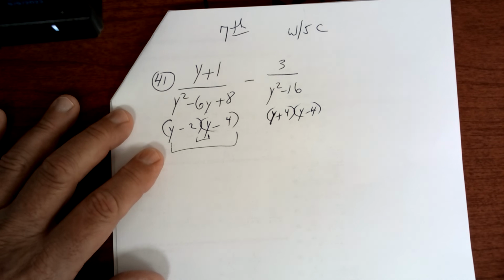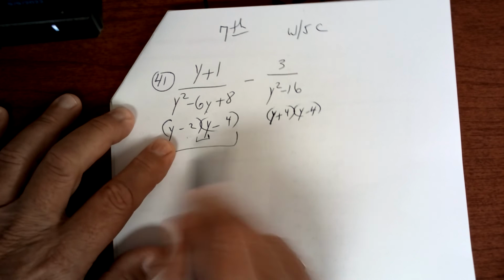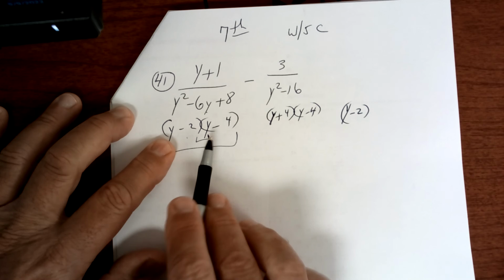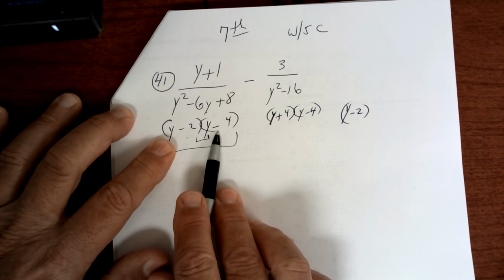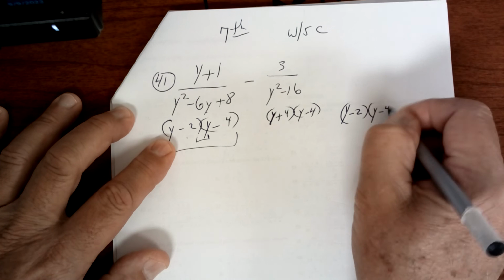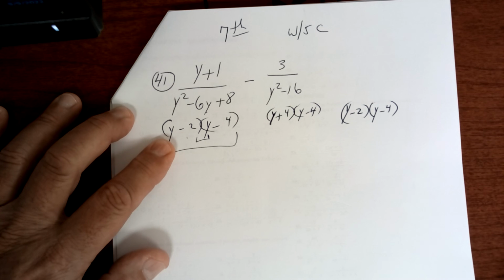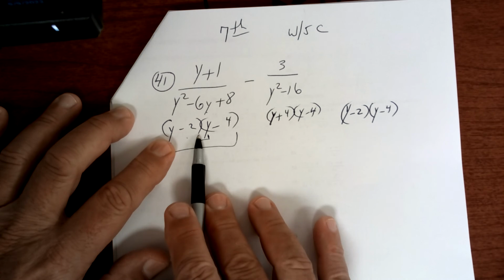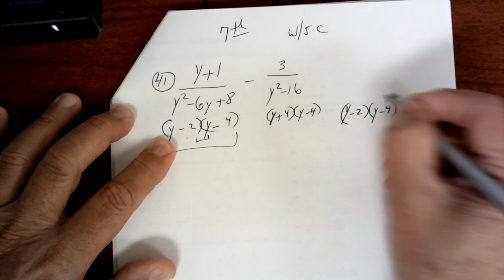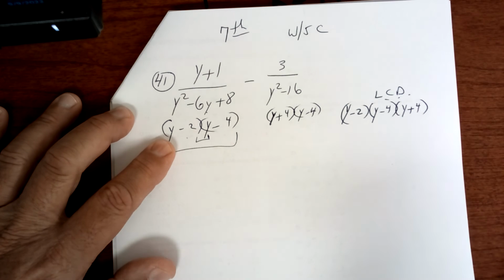So we have one of these and none over here, so we have to write one of them. We have one of these here, we have one of these here, so you write one of them. That's the greatest. You have a y plus 4 and no y plus 4, so you have to write a y plus 4. This is your least common denominator, and that's what you must have in order to add and subtract.